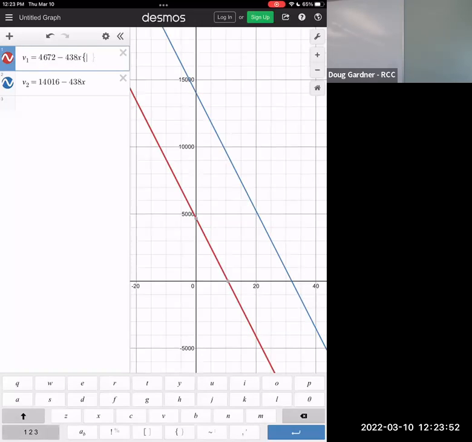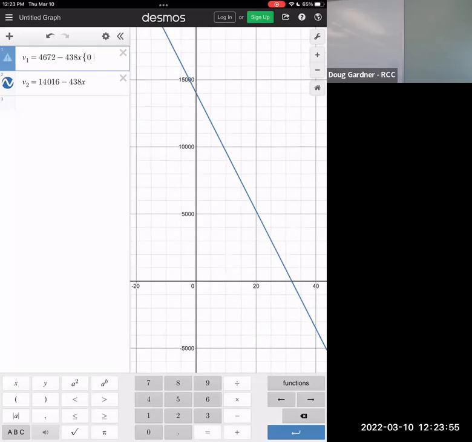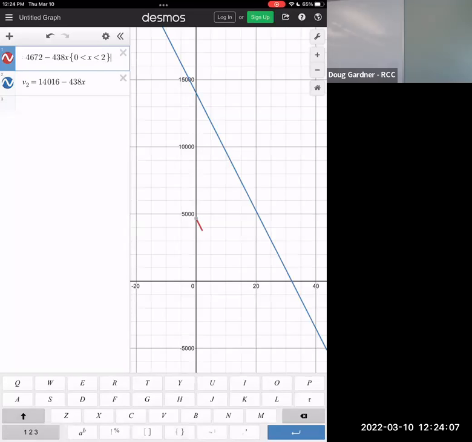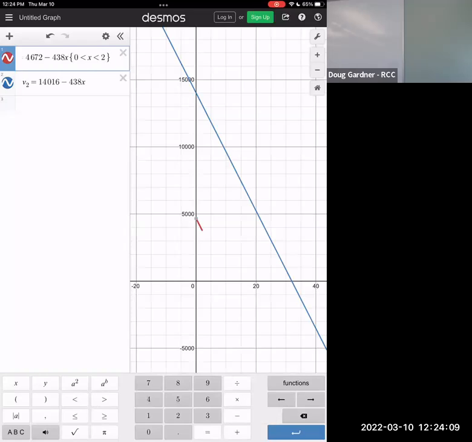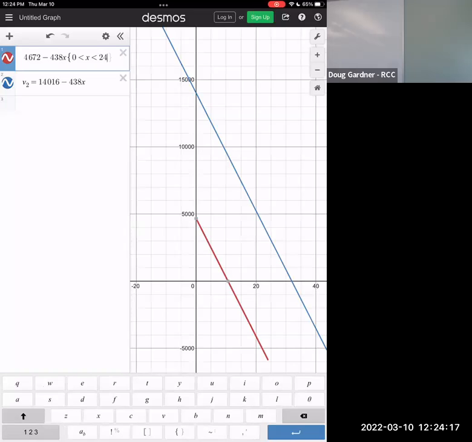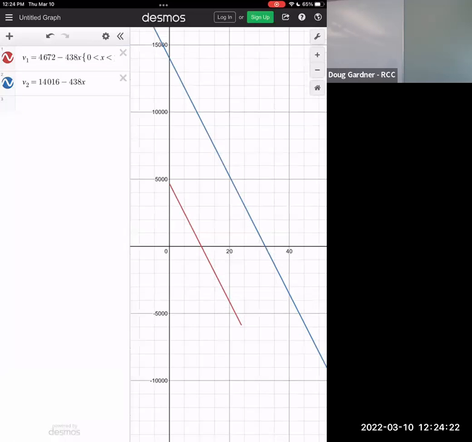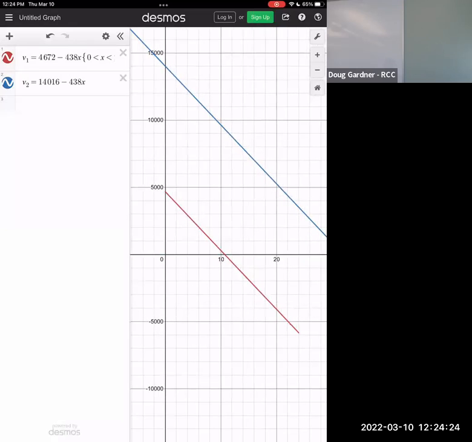And we said this lives from 0 less than X less than 24, was it? So that's what the shear diagram looks like, at least for 0 to 24.